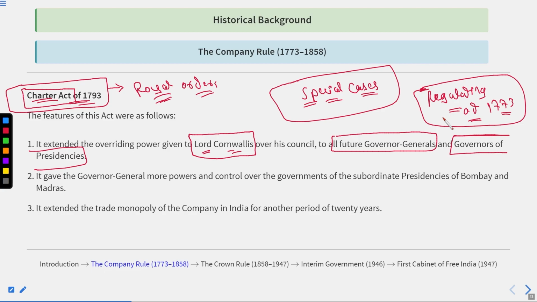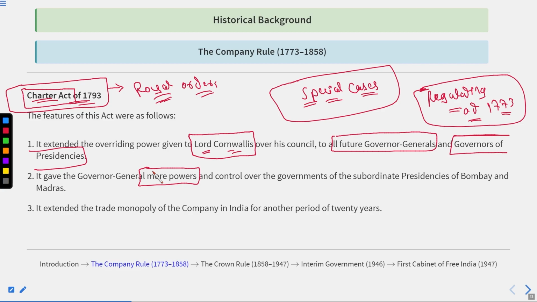But after the Regulating Act of 1773, the Bombay and Madras presidencies were put under the control of the Bengal presidency, right? So the powers had already been granted to the Governor General, but these powers were increased, and more control over the governments of the subordinate presidencies of Bombay and Madras was granted to the Governor General.